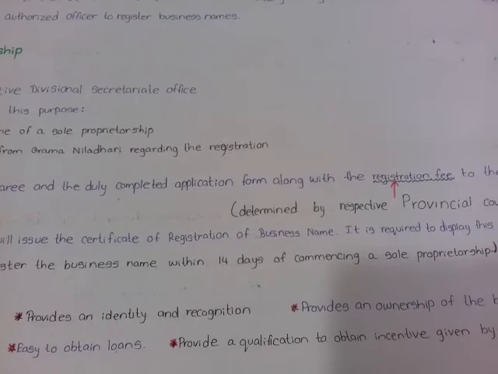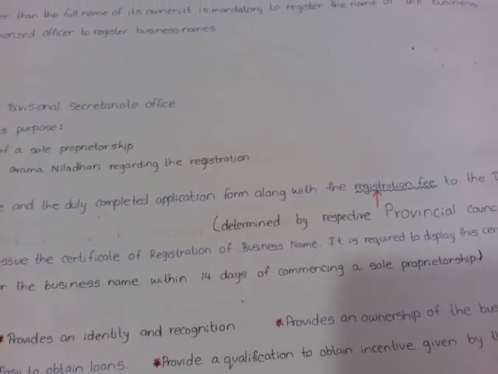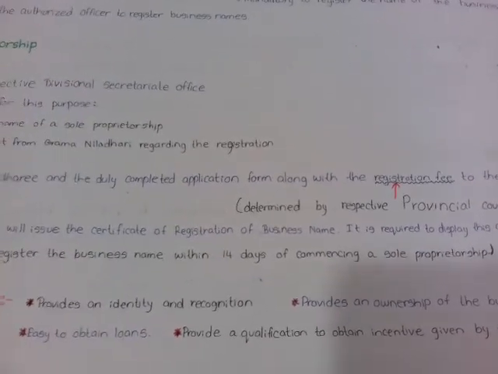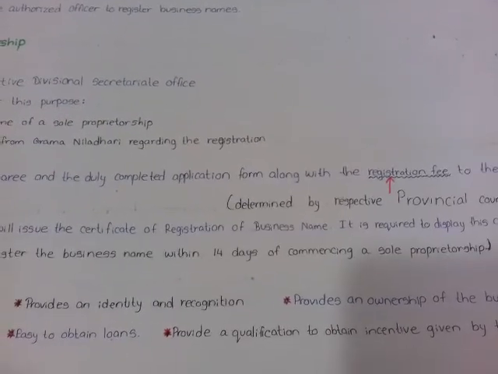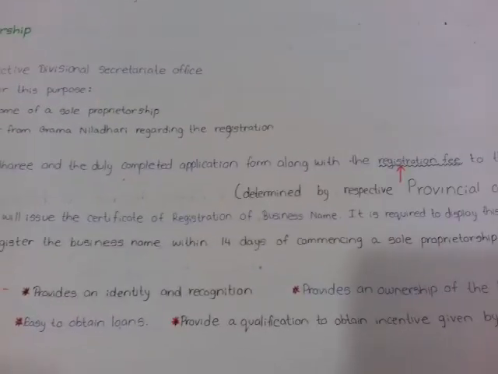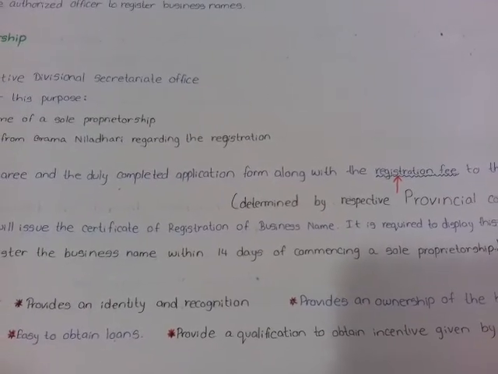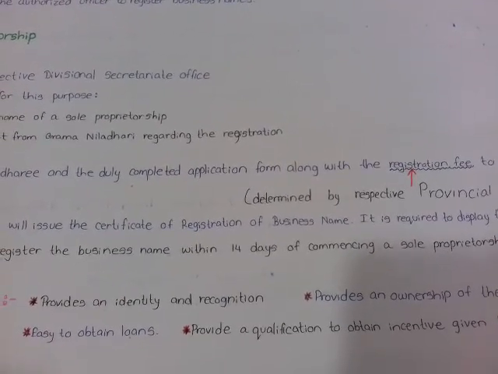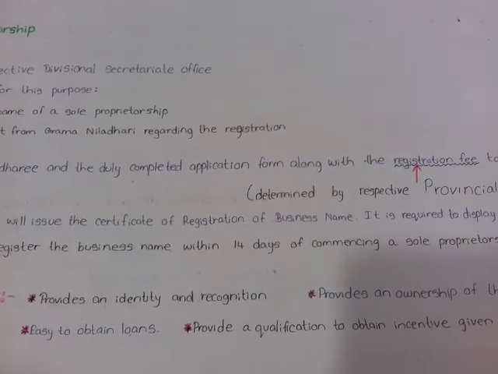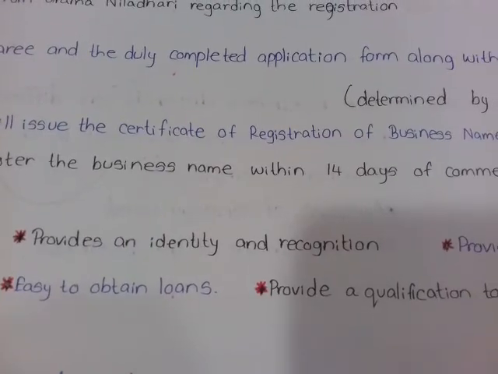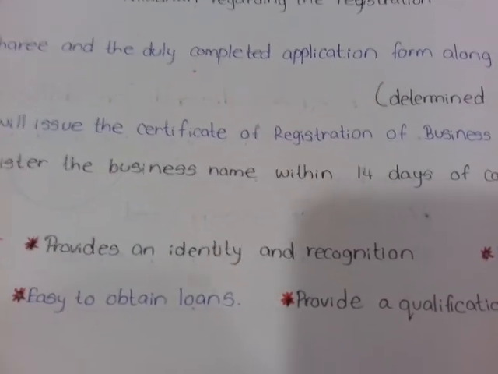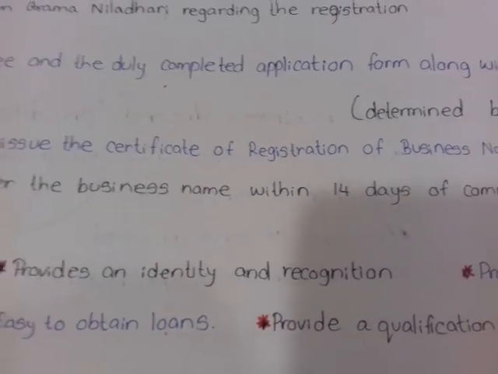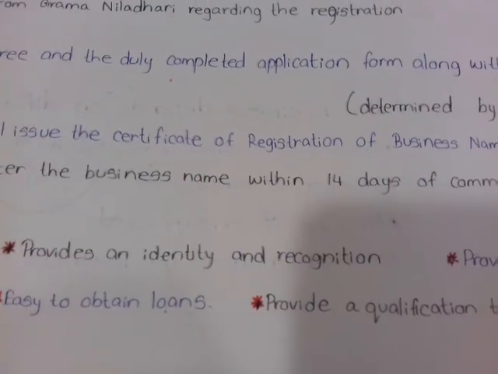It's just like naming two twins with the same name, so we can't recognize them. But if I give one name to one twin and another name to the other twin, then they can be recognized. So just like that, instead of putting the full name of the owner, it is better to put another name because it provides an identity and a recognition.